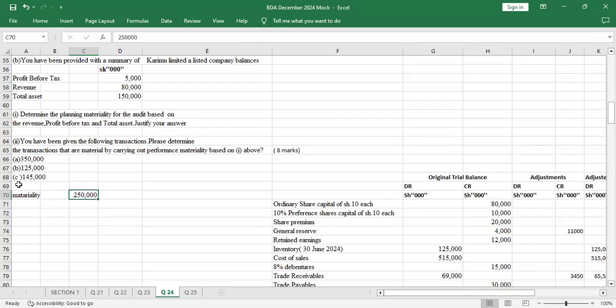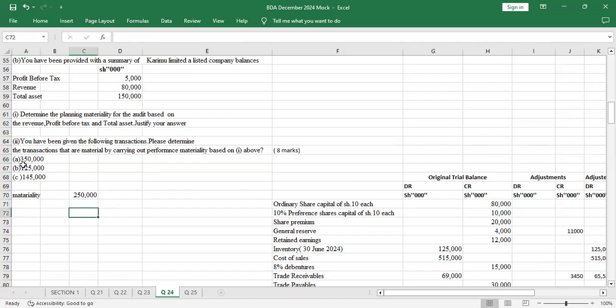So when you check A, B, and C, which value is above 250? That's what the examiner is asking from you. So the value is 350,000 because 125 and 145,000 are below 250. So they are immaterial. Whether they have been misstated, they are immaterial to make any change. So the material amount here is 350. So that was the correct answer under this.